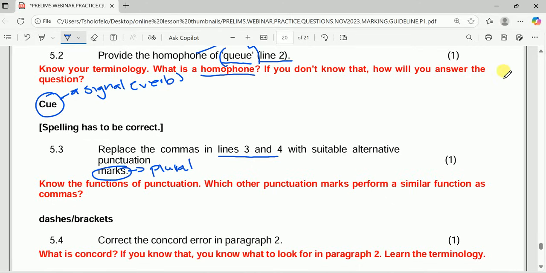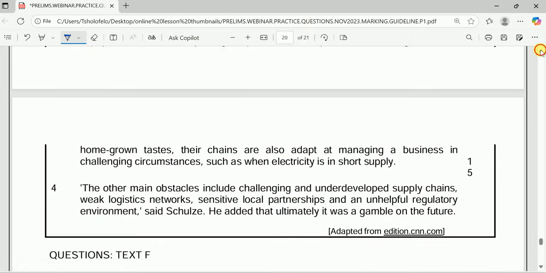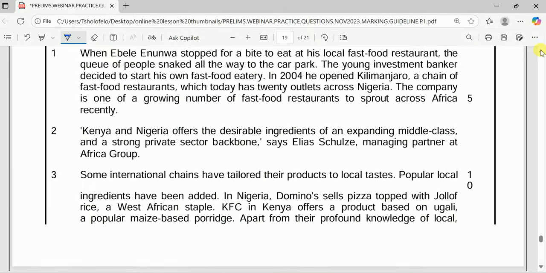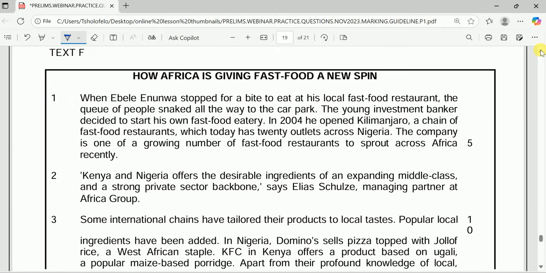Now let us go back to lines 3 and 4. These are the paragraph numbers, and then these are the line numbers. The company is one of a growing number of fast food restaurants to sprout across Africa recently.